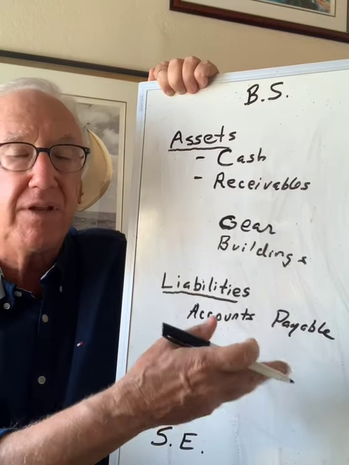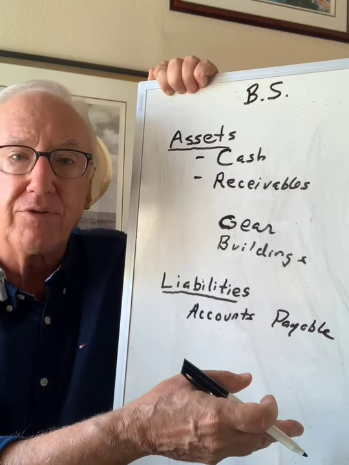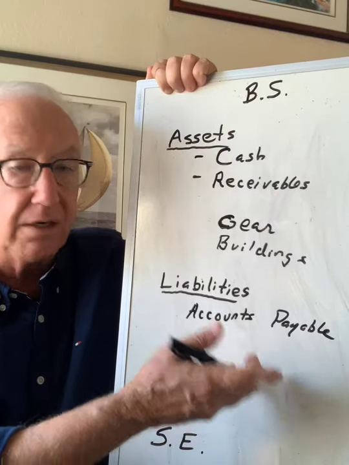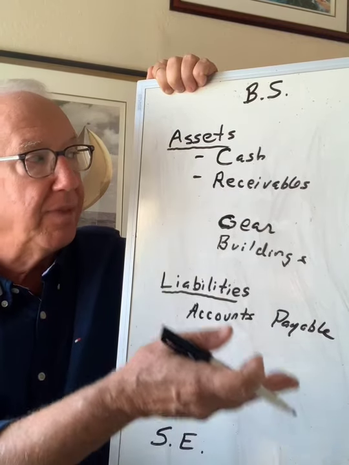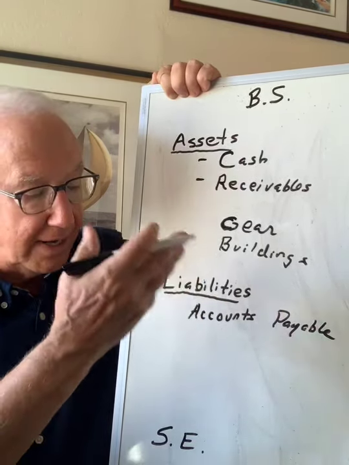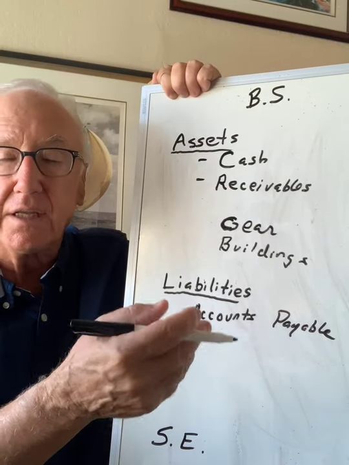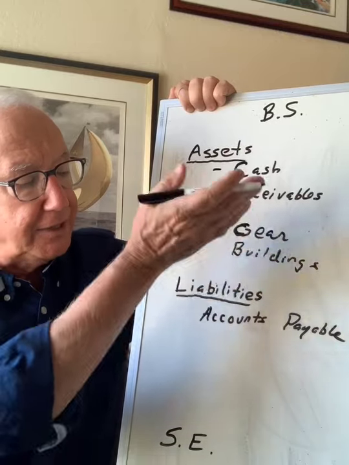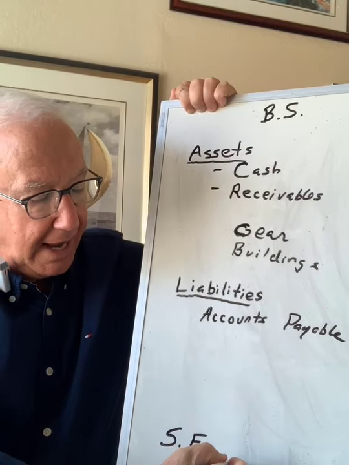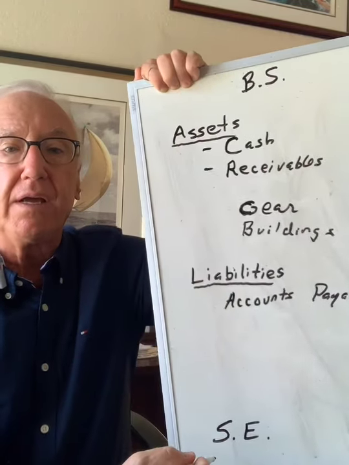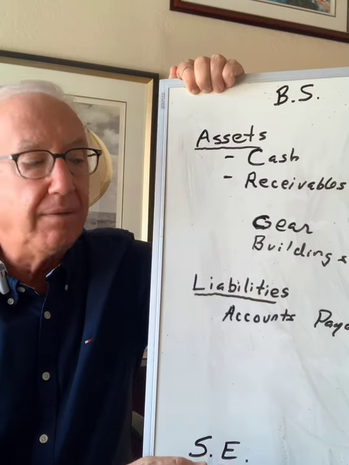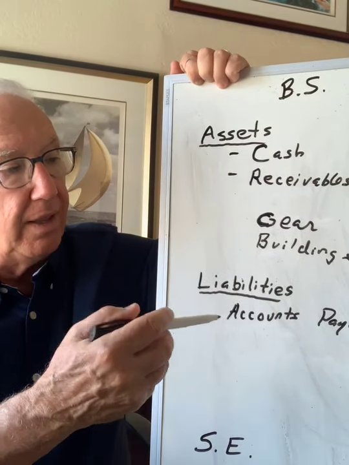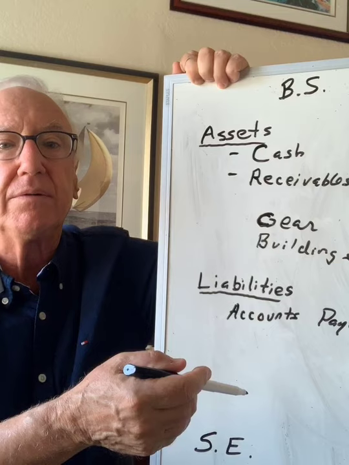We paid $50,000 of accounts payable this week. Oh, all of a sudden, our liabilities drop. And our assets are greater than our liabilities at that point. All of it changes on a daily basis, as does your shareholder equity number. So that's how the balance sheet works.